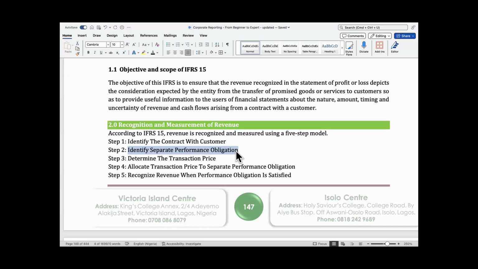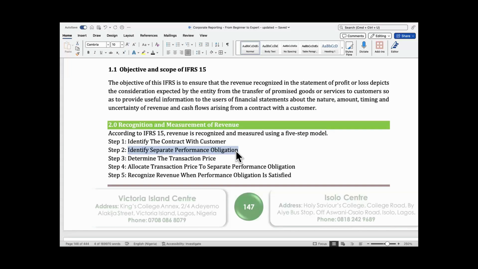They are not dependent on other goods or services. So we are looking at a good or service that has a distinct function and a distinct profit margin. We gave scenarios and examples to let it make sense to you so that you will see what we mean by distinct function and distinct profit margin.